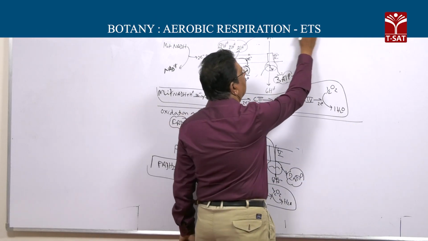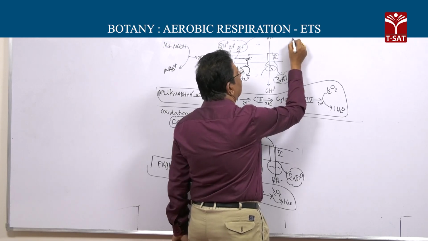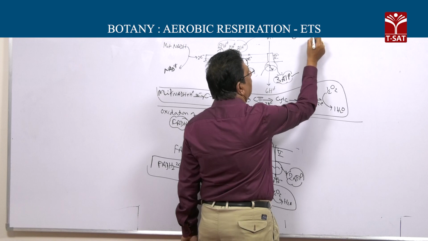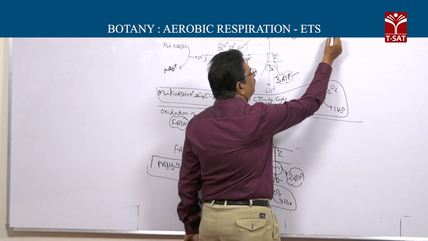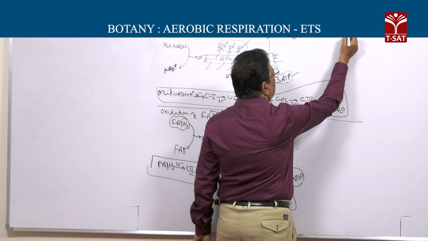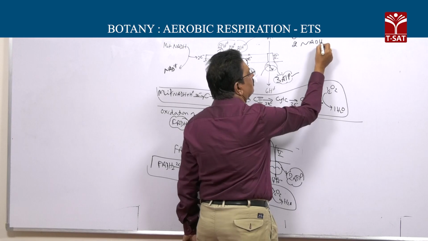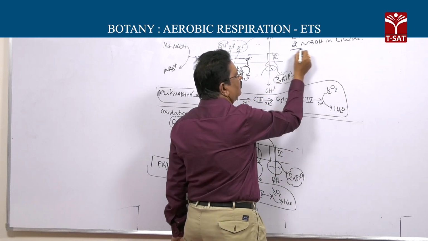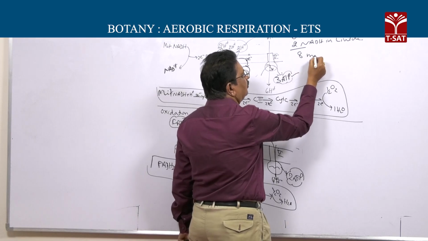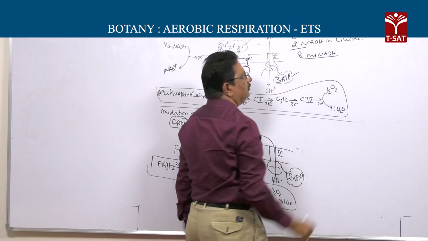So there are 6 NADHs formed in the TCA cycle and 2 NADHs formed in the link reaction. So altogether 8 mitochondrial NADHs are formed.